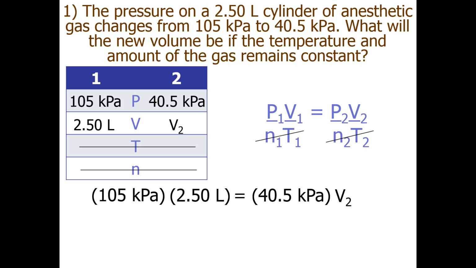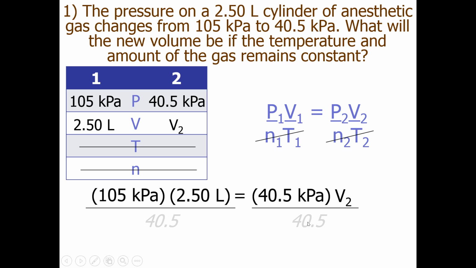If you're ready to move on and you're still not sure how to do the algebra, let me give you some pointers. Since we're trying to isolate V2, and we notice that 40.5 is being multiplied by V2, we're going to do the opposite. And what you do to one side, you do to the other. So I'm going to divide both sides by 40.5. I'm just focusing on the numerical value.